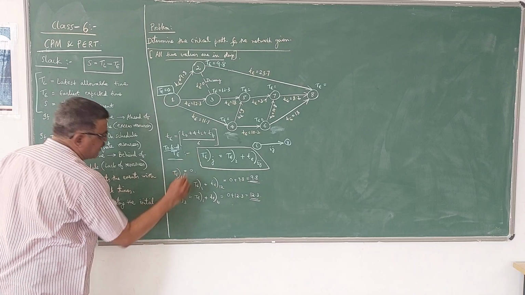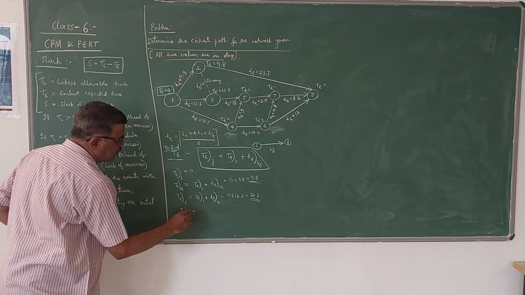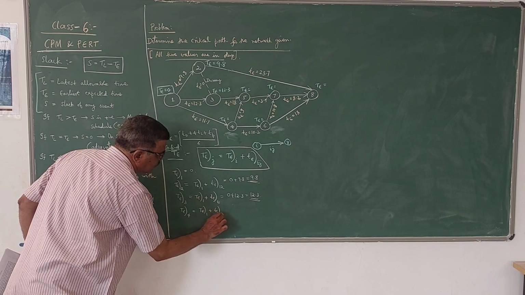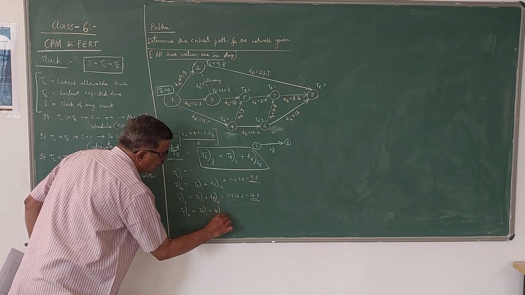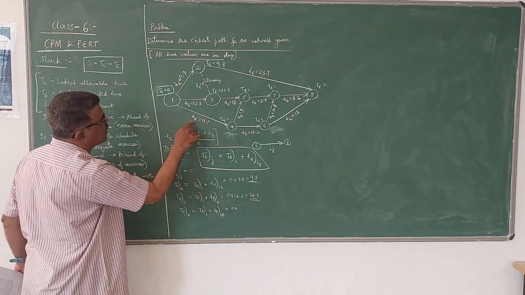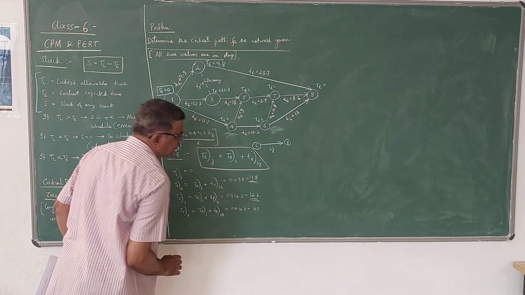Then TE4 I need. For TE4, you have TE1 plus small t of 1,4. That means 0 plus small t of 1,4, which is 11.7.